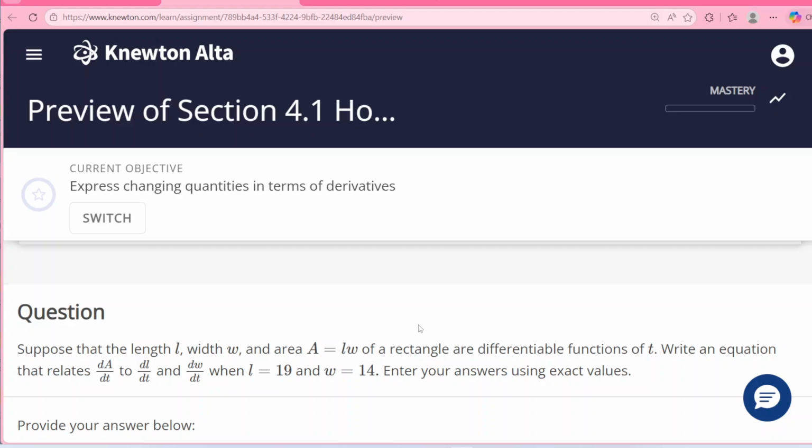You'll have these quantities that are changing. They might be changing as time goes by or changing in relation to some other variable. But you'll have a relationship between quantities that are changing in relation to each other. Thus the name related rates. Their rates of change will be related in some way.